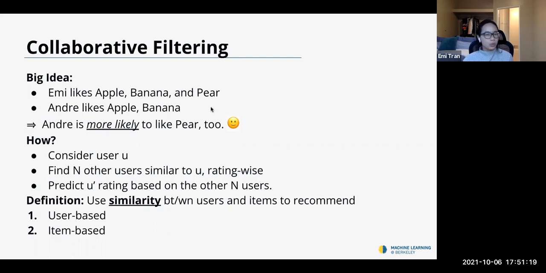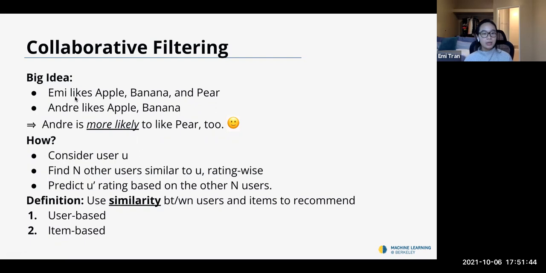Then the question is, would he like pear or not? Based on the general assumption of collaborative filtering, he's more likely to like pear too, given that comparing the lists of items we both liked in the past, there's a lot of similarity. So that's the big idea.